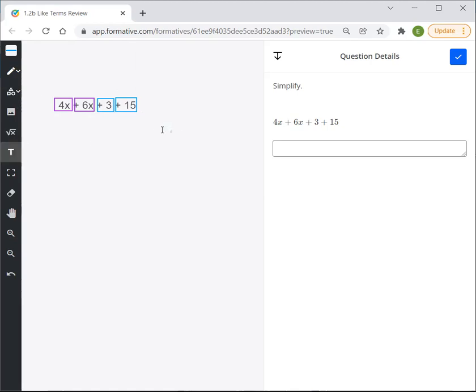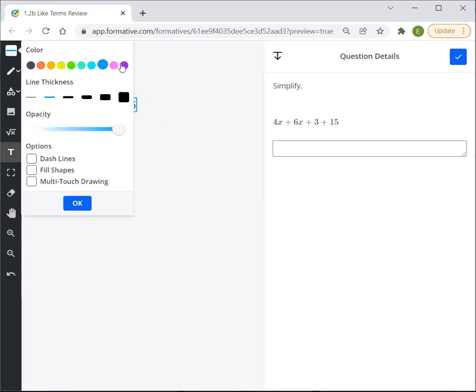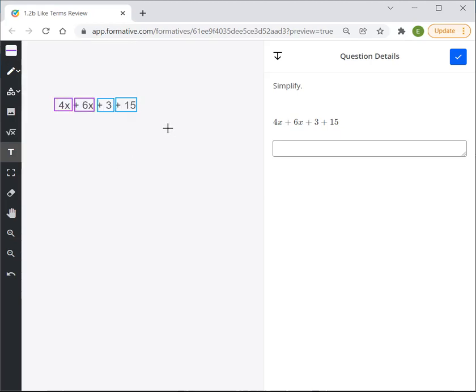So I can do my little math over here in the corner. And I want to do 4 plus 6, okay, which equals 10. So that's my new term. Okay, that's my new coefficient. So I get 10x when I combine those two.